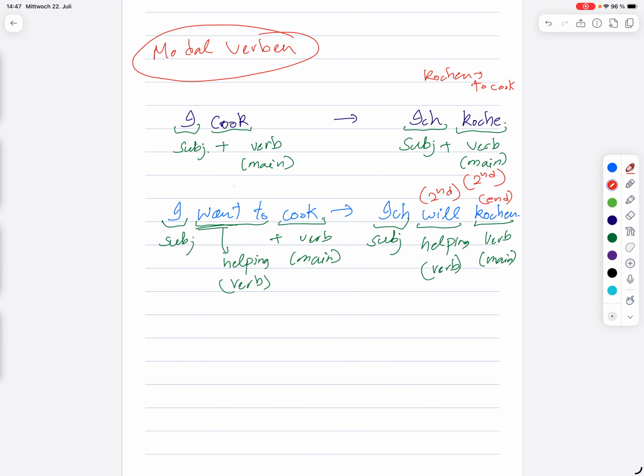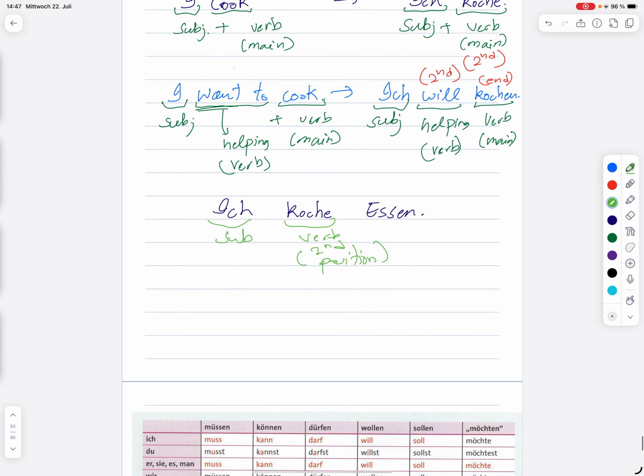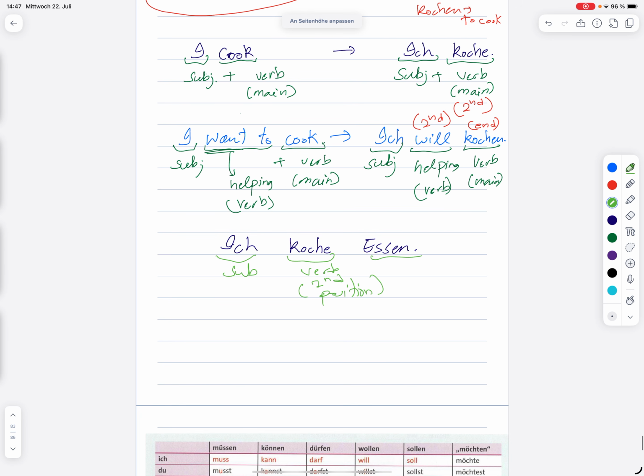In the original sentence, for example ich koche, suppose we add an object, essen, I cook the food. We have the subject, the verb in the second position, and then the object.